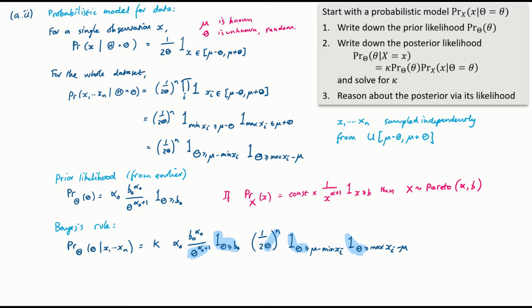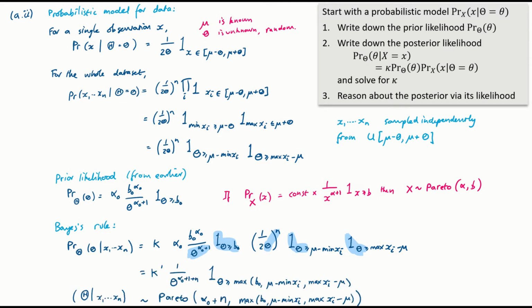And if we look at the posterior likelihood that we've got here, we can spot all these terms. We've got a 1 on theta to the power of something, and we've got indicators that theta is above or equal to something or other. All we need to do is simplify the algebra to coerce it into the standard form. Here I've written it kappa prime times 1 on theta to the whatever times the indicator that theta is above or equal to whatever.